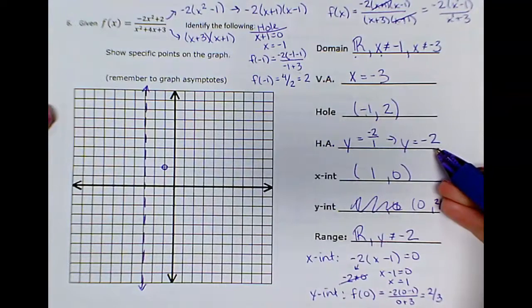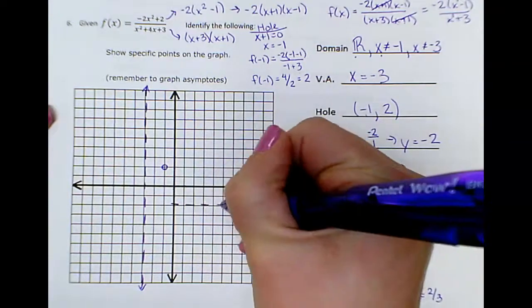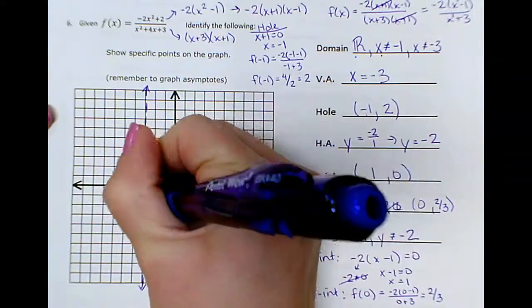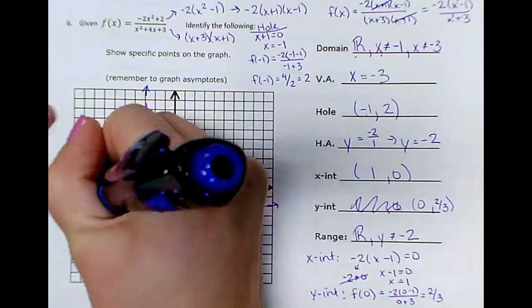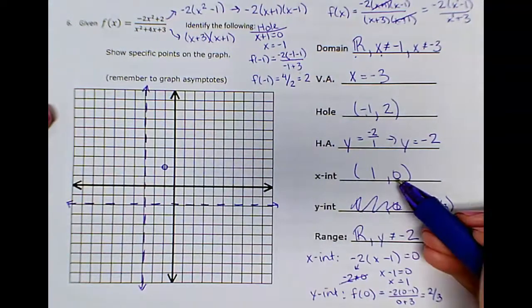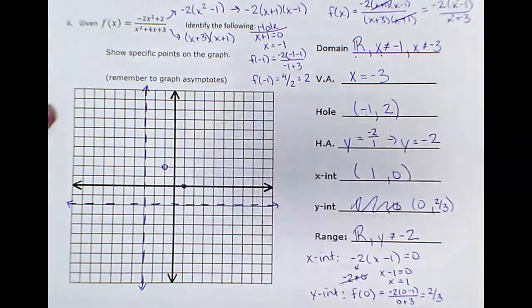The horizontal asymptote is at y equals negative 2. The x-intercept is at the point 1, 0. The y-intercept is at the point 0, 2/3.